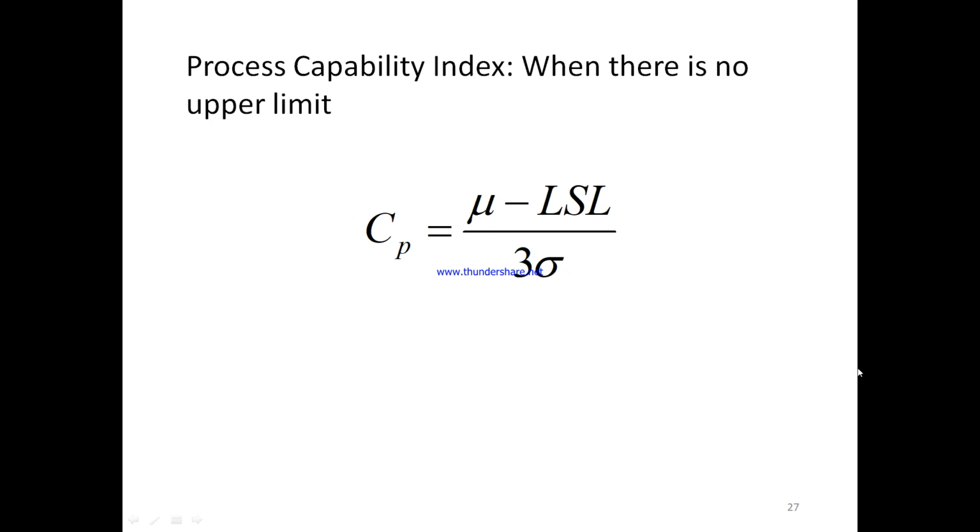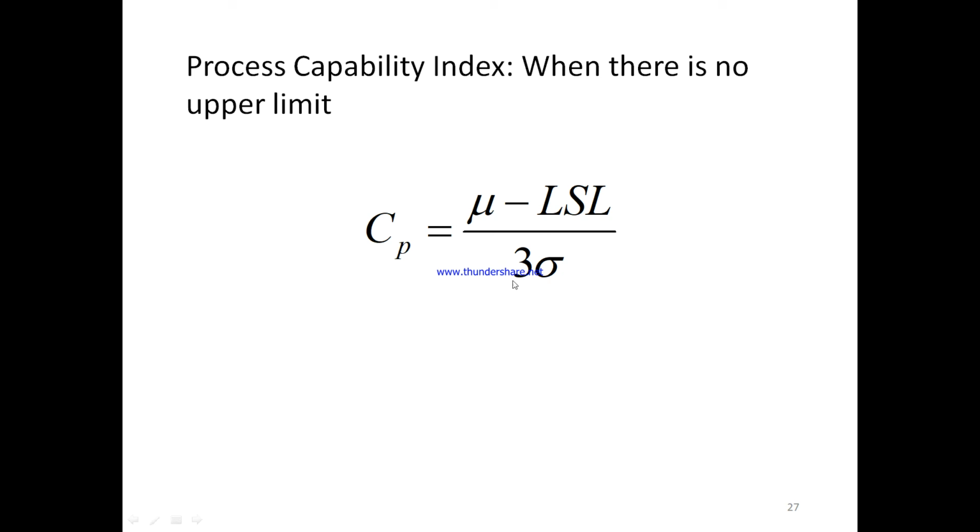And we know there are special cases where you have no lower limit and sometimes you have no upper limit. In that case, when you want to calculate the capability index, you can use these equations. If you have no upper limit, you replace the upper specification limit with the mean, and take the difference between the mean and the lower control limit.